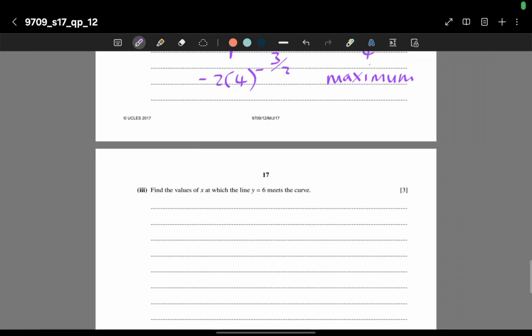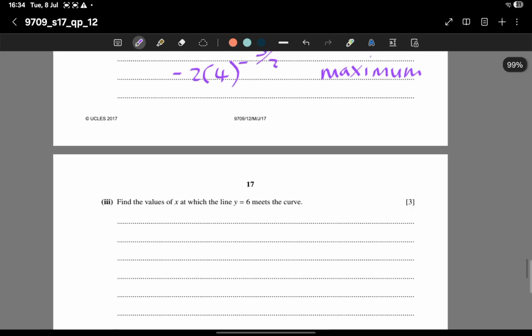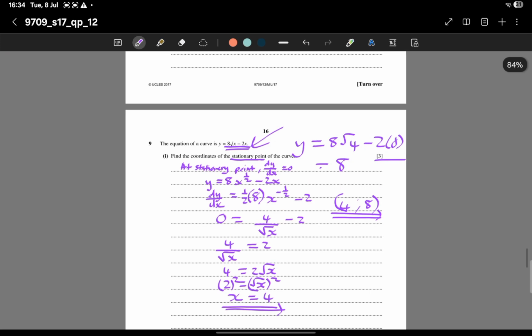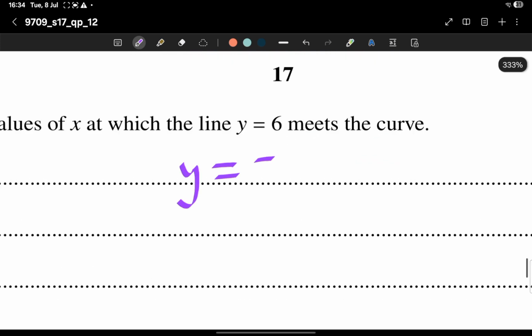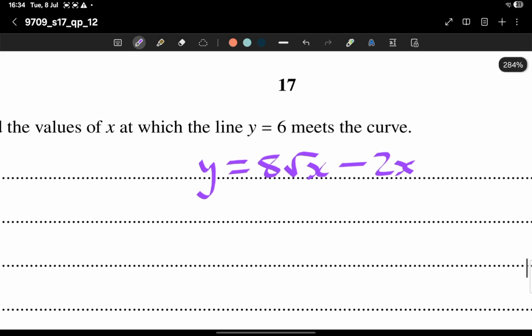So then our part 3 goes on to say find the values of x at which the line y equals 6 meets the curve. You know the curve is an equation of y equals 8 root x minus 2x, right? So we want the x value.